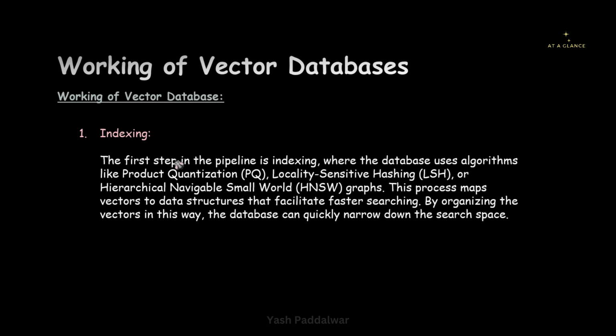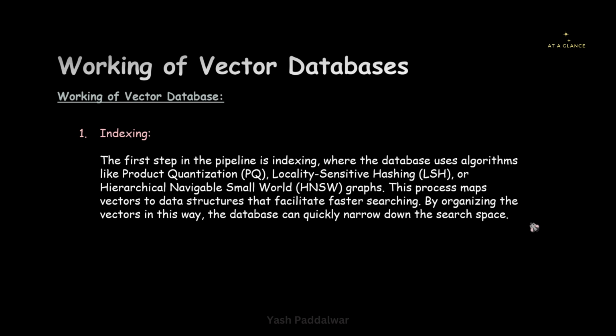The very first step in the pipeline is indexing, where the database uses algorithms like product quantization, also called PQ, locality sensitive hashing, LSH, or hierarchical navigable small world, that is HNSW. This process maps the vectors to data structures that facilitate faster searching. By organizing the vectors in this way, the database can quickly narrow down the search space.